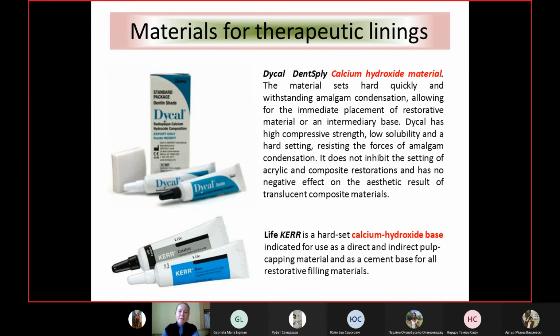They are mixed together, and thus we have the ready-to-use material that is placed in the deepest aspects of the carious cavity or in the projections of exposed pulp horns. The main task of calcium hydroxide material is to stimulate the pulp to produce reparative secondary dentine, and thus protect the tooth from being affected by microorganisms.